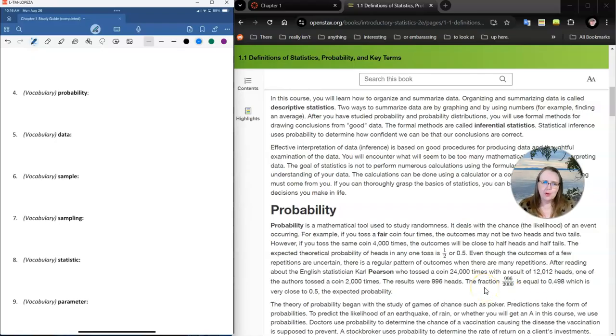And so probability, we know what it should be. Probability tells us what should happen if you do something enough times. It will eventually do that kind of thing.